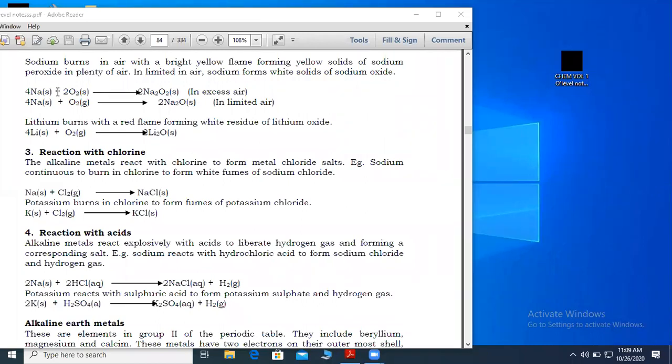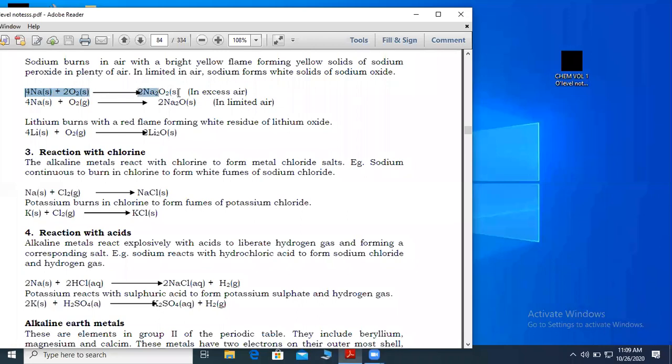Can we always move with them, not only in our head, even on our fingertips? There are some concepts which are very important and very common in chemistry. You can forget others, but how do you forget the reaction of sodium with oxygen?